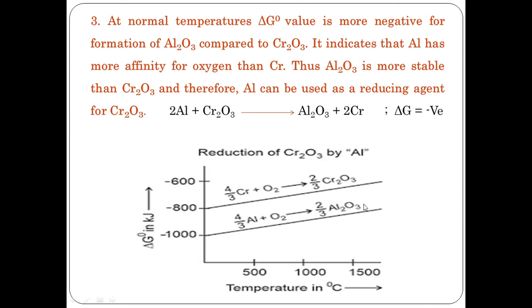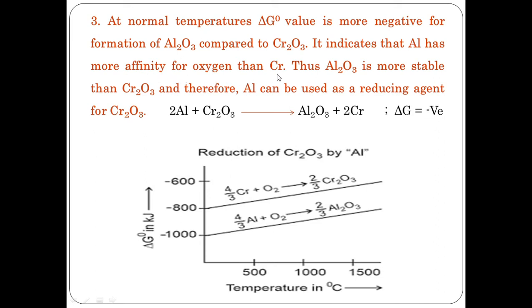Here aluminum oxide is minus 1000, chromium oxide is minus 800. It indicates that aluminum has more affinity for oxygen than chromium.